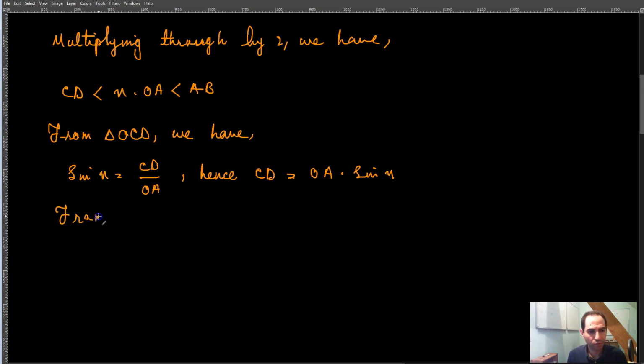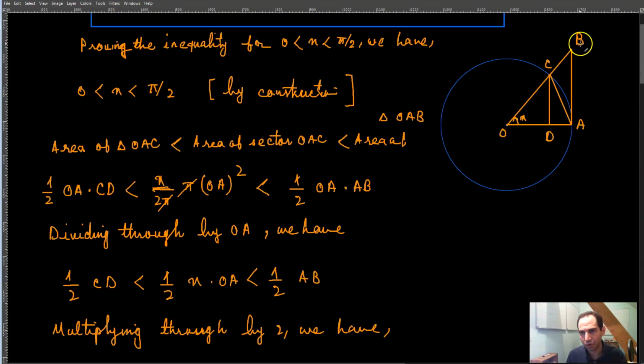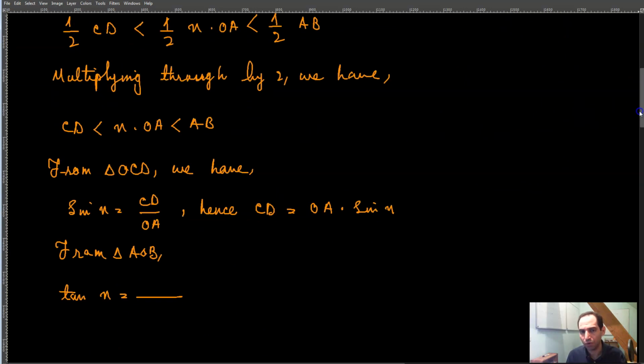So from triangle AOB, tan of x is equal to the amount of rise by the amount of run. In this big triangle OAB, the rise is AB and the run is OA, so tan x is AB by OA.